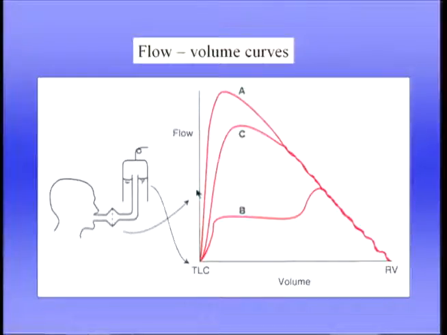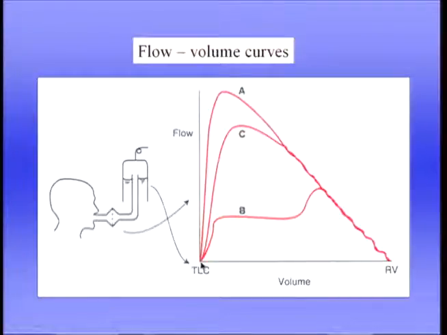As I said before, we can use the differential of the volume signal as flow, but it's better actually to measure flow directly, and that's what we're doing here. So we ask this subject to breathe in as far as he can to total lung capacity, the largest volume you can get in the lung with a maximal inspiration.